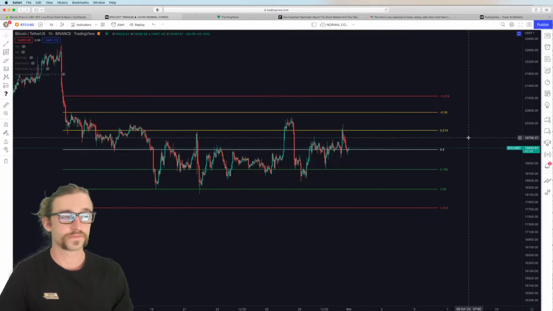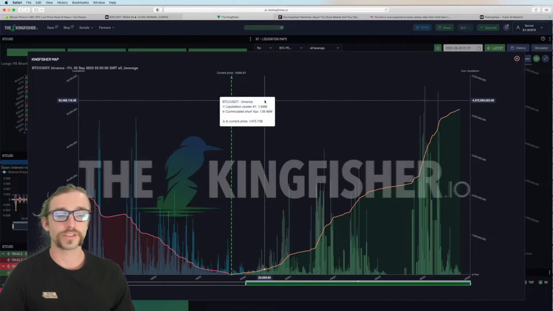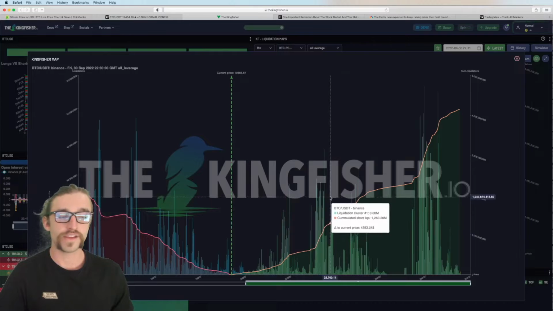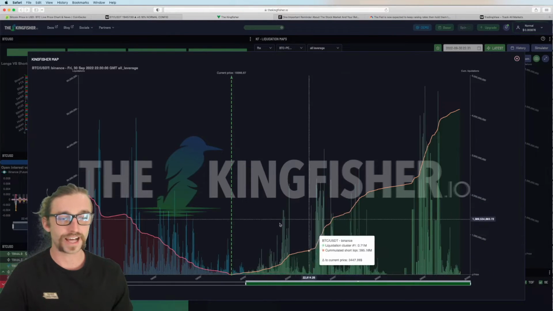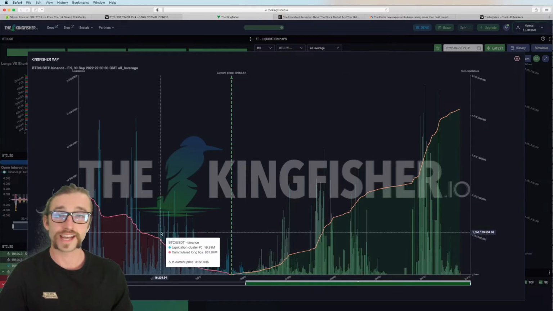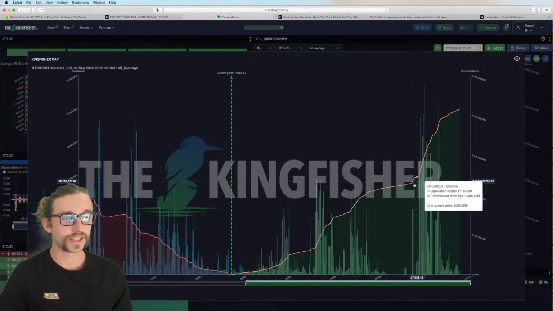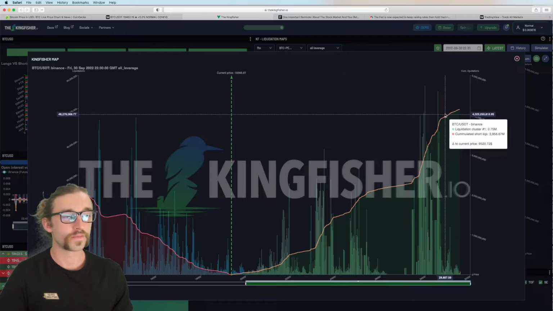They are good numbers. Now for the final segment of this video, where I'd like to show you a couple of things. This is the Kingfisher liquidity map. You can see we're using the BTC USD pair as well. This shows where derivative traders would get liquidated if the price went in that direction. So we can see here there are some large liquidity clusters, both to the downside and the upside, but there are some extremely large liquidity clusters that are moving the liquidation prices from 2.2 billion all the way up to 4 billion.